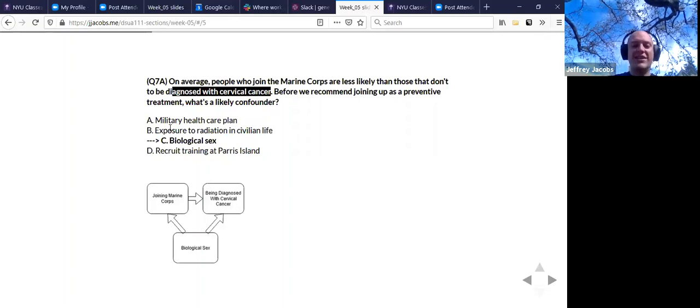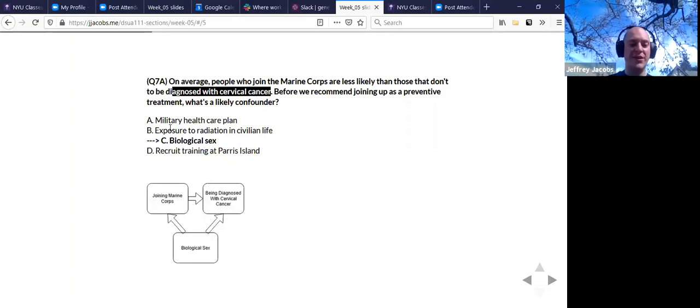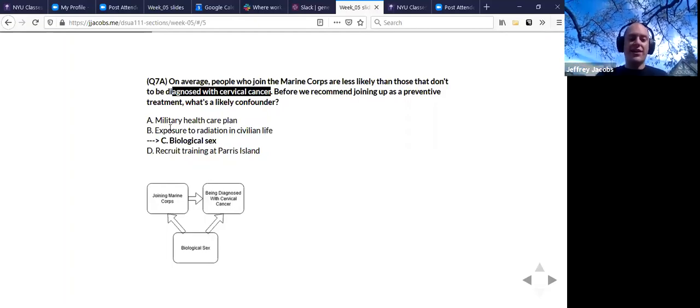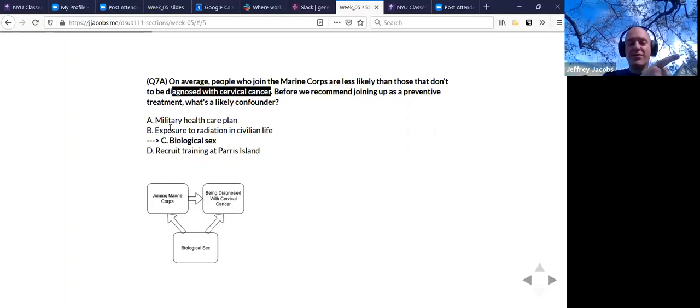I don't actually know a lot about the military, but I don't know if you can join the Marine Corps as a woman, but you definitely couldn't in the past. And so it would affect joining the Marine Corps, and it would affect being diagnosed with cervical cancer as well, right? Because it's whether you have a cervix or not, right? That affects whether you can have cervical cancer. Cool, so that's why C is the answer for that.